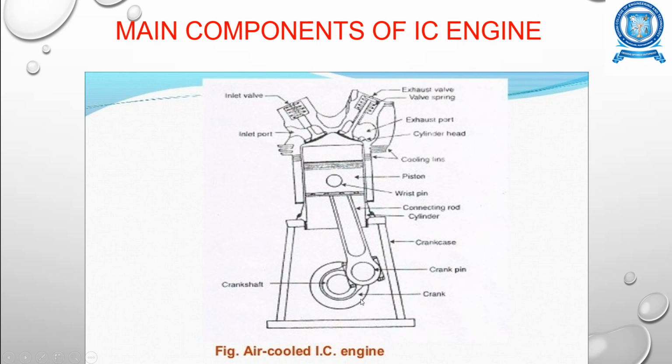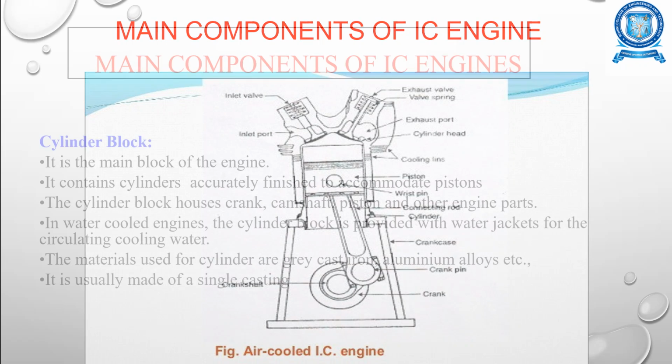It is connected to a crank. So this is a piston. These are all the main components of an IC engine, and here it is an air-cooled IC engine. This figure shows an air-cooled IC engine.